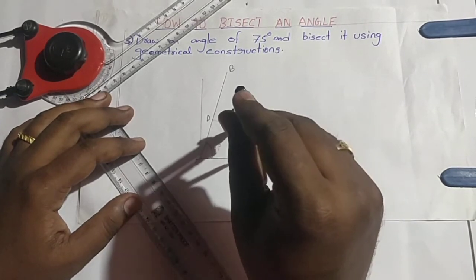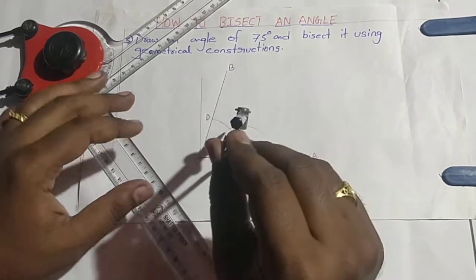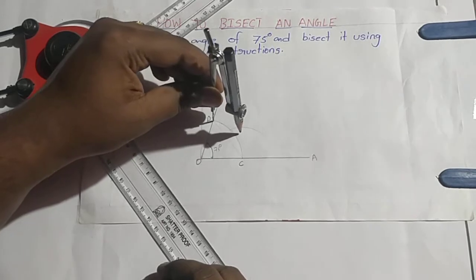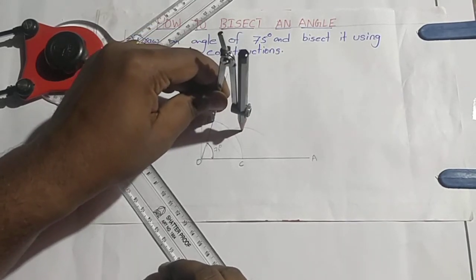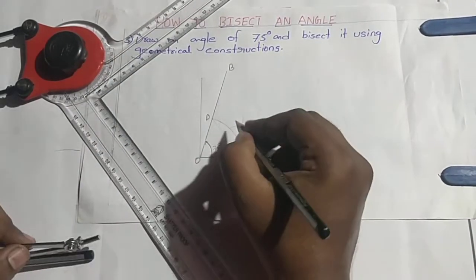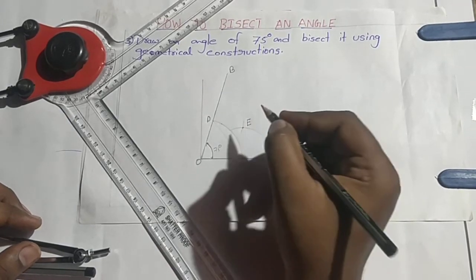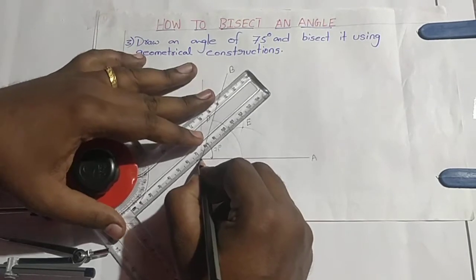With the same radius and D as center, I draw an arc cutting this arc. I got one intersection point, and that point is named E. Next, join O and E.